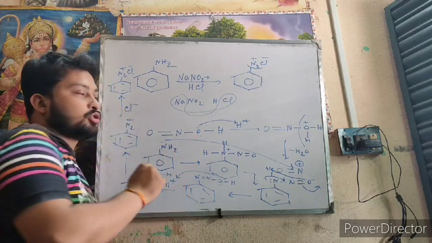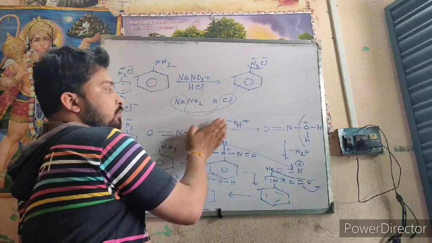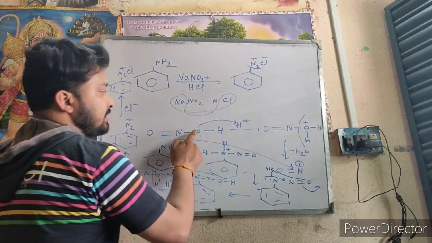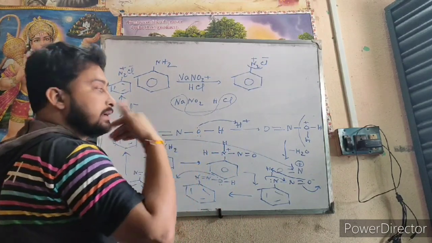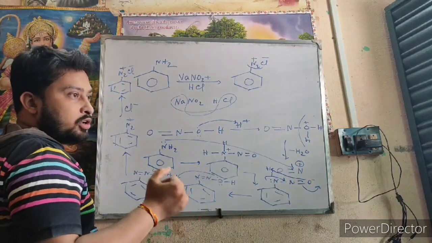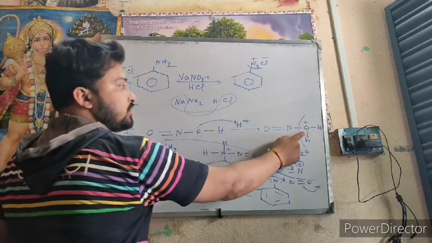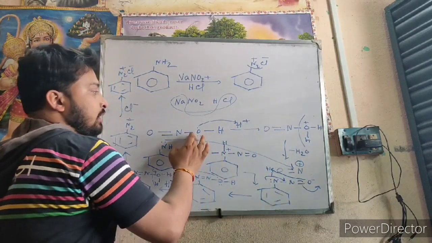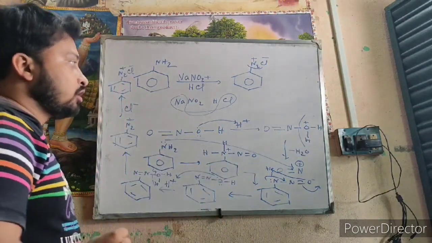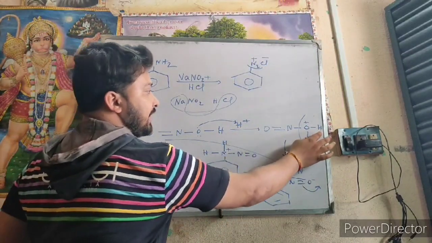So when the lone pair attacks the H plus, oxygen donates its lone pair. When someone donates its lone pair, or its electrons, it shows a positive charge. So when O donates its lone pair to the H plus, it forms H and H.